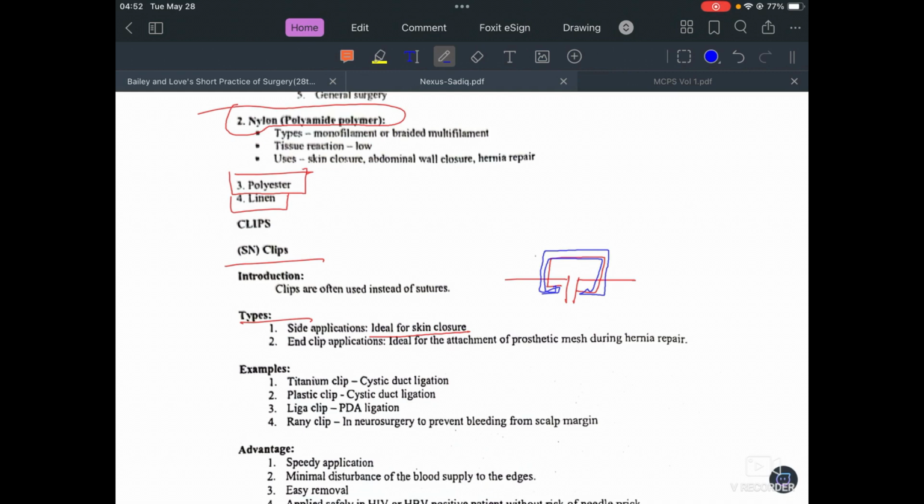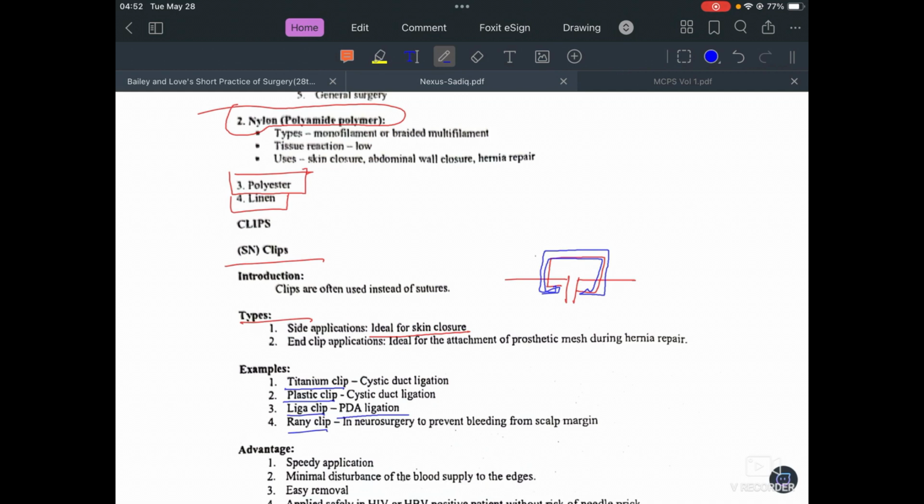Example is titanium clip, plastic clip, actually hemo clip, liga clip, granny clip. So there is PDA ligation, which is known as a liga clip, and granny clip in neurosurgery to prevent bleeding from the scalp margin.